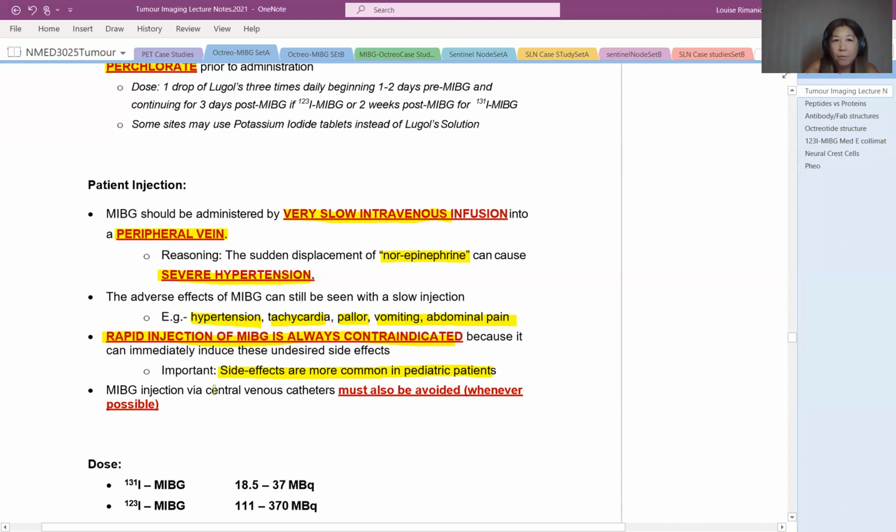And as I said, we want to avoid using those central lines whenever possible, partly because, as I say, it dumps the dose directly into the heart, which increases the likelihood of side effects.